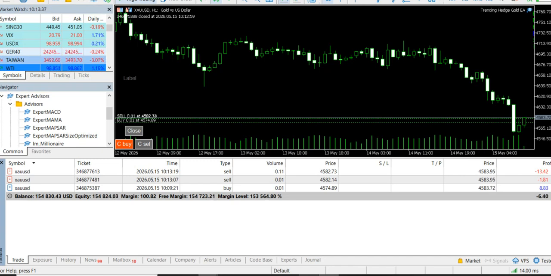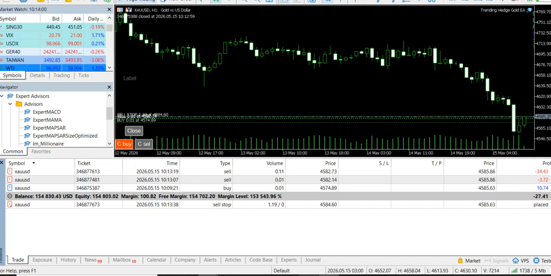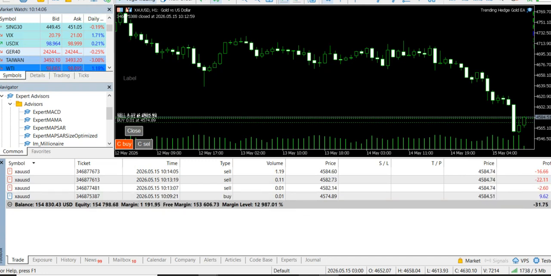It could be 5% also, but what I observed when I saw the EA running is that it didn't increase more than 3%, or it could have gone by 5%. In case it has gone above that, then I don't know, or maybe I haven't seen. But yes, so far, even in this kind of market with this kind of movement, the drawdown has not increased much. Okay, so this is all about Trending Hedge Gold.